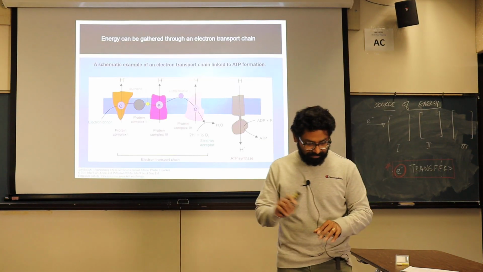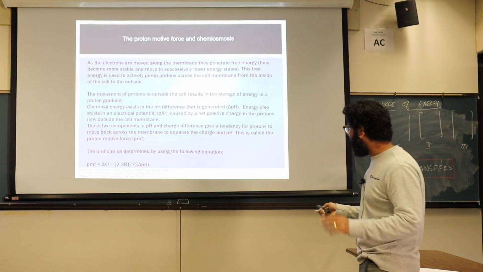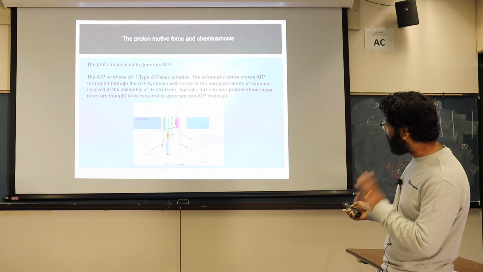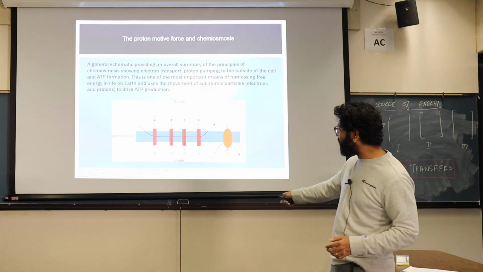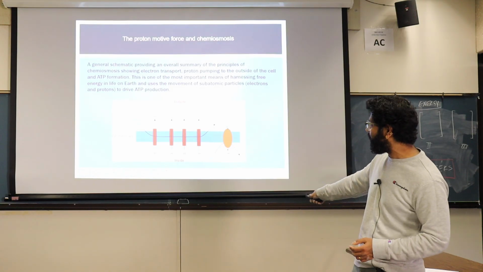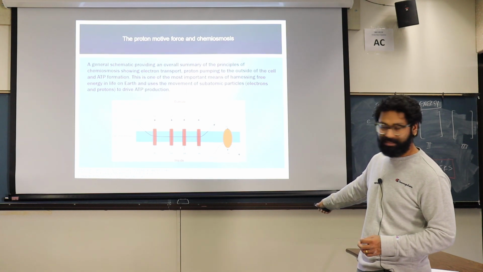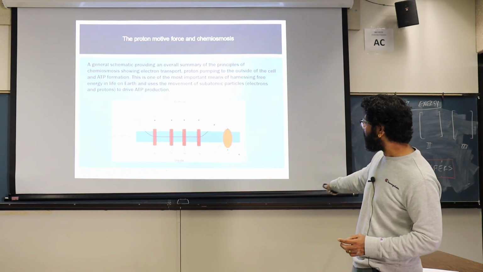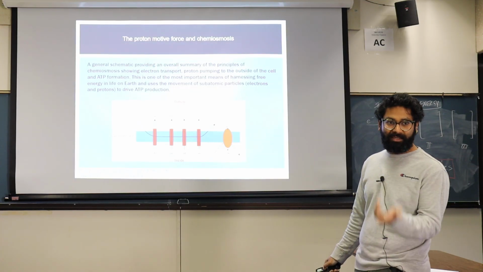Okay, so this is a complicated process, but I am making it very simplistic, in which there is this cell membrane, this is the outside of the cell membrane, this is the inside. All these protein complexes are pushing out these protons, and finally, because of these protons concentrated on the outside, there is a proton gradient.